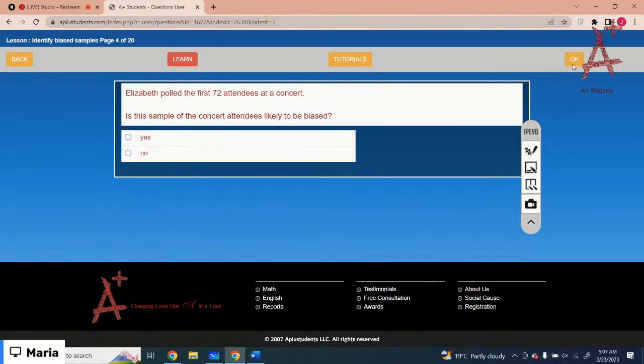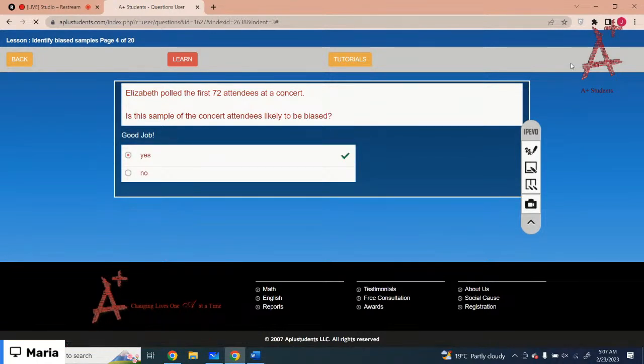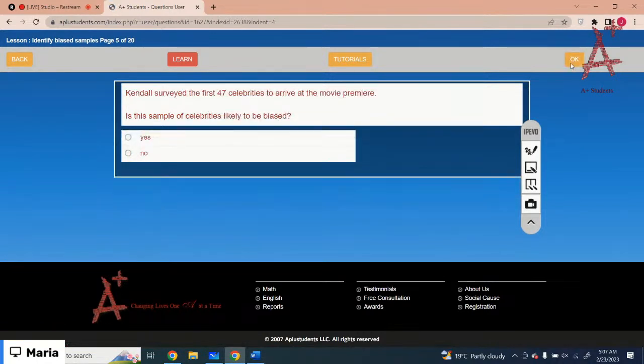Elizabeth polled the first 72 attendees at a concert. Is the sample of concert attendees likely to be biased? Yes, it is biased. Got it? Kendall surveyed the first 47 celebrities to arrive at the movie premiere.